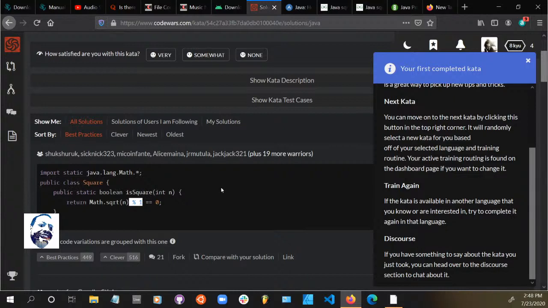Hmm. Okay, so math dot square root of n. They took the square root and then they divided it by 1 and said, okay. But why did they divide it? Hold on, no. What they're saying is this is not dividing it by 1.